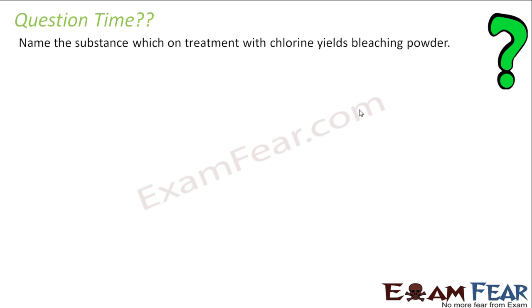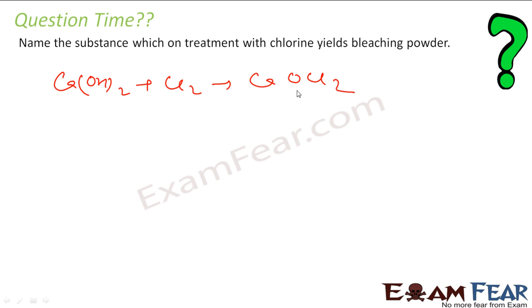Name the substance which on treatment with chlorine yields bleaching powder. We know that Ca(OH)2 plus chlorine gives CaOCl2, plus water obviously. This is my bleaching powder. This reaction we have learned.